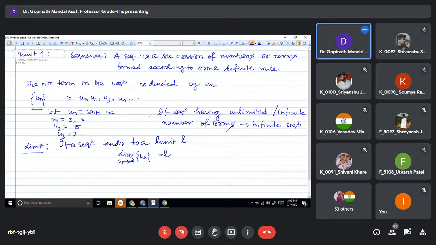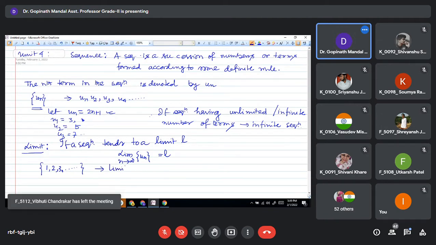Suppose we have a sequence 1, 2, 3, infinity. The limit of this sequence will be what? Limit of the sequence, what?